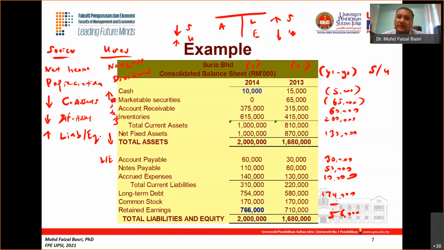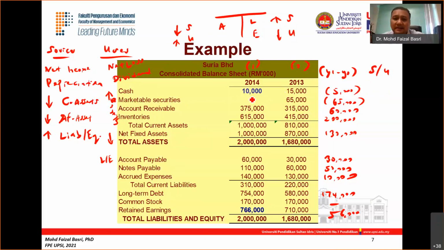When they decrease, it will be uses. So they're the opposite of assets. In fact, L and E go together with the sign. Meaning if the sign increases, source, but decrease, use. For assets, it will be the inverse. Anyway, remember, cash will not be counted. We will not use cash in our three categories.